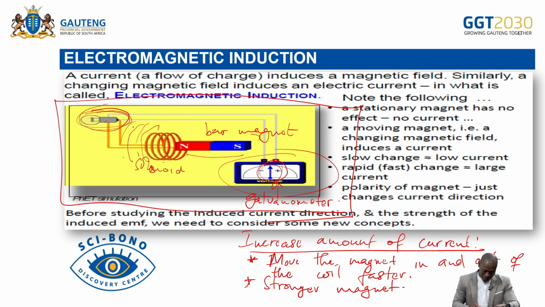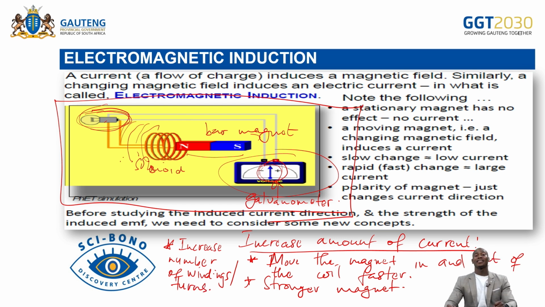Then the amount of EMF or current induced is also going to increase. So number three, increase the number of windings or turns. This is how we can increase the amount of current that is induced in a coil.